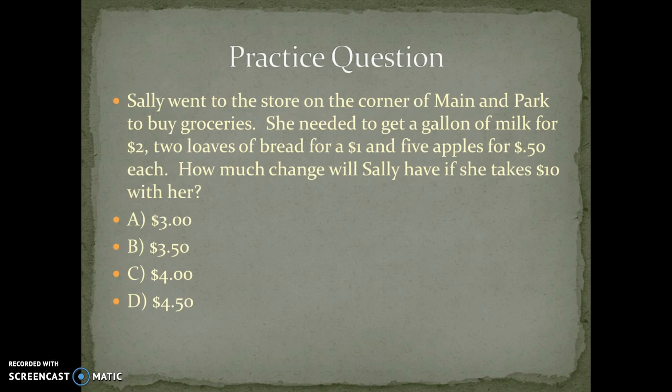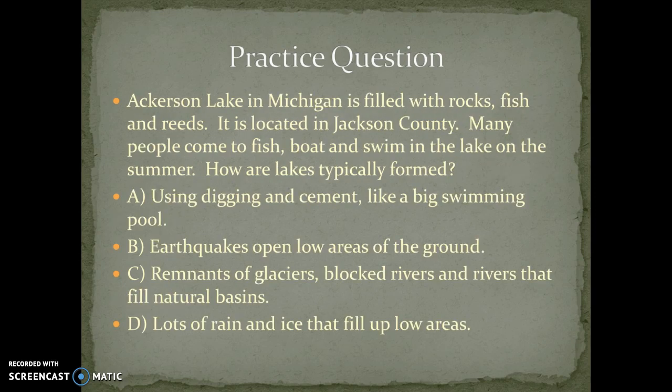So this is one of those questions where the question itself is at the end, but there is information within the other parts of the question that you need to answer it. Unlike this one, where this particular question, it too has the question at the very end. It's the last 5 words, how are lakes typically formed.